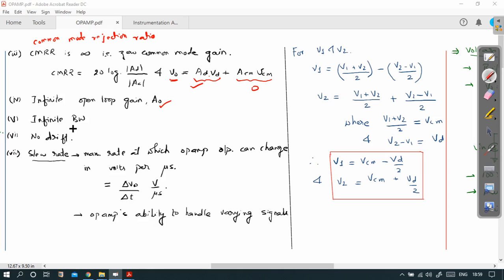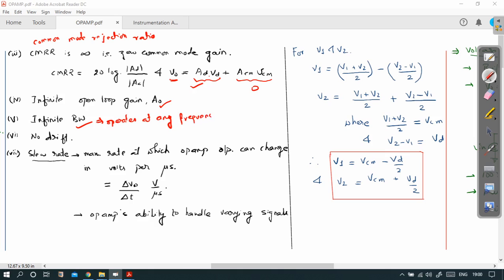It has an infinite open loop gain that we had just seen. An ideal op-amp also has infinite bandwidth, so it can operate at any particular frequency.